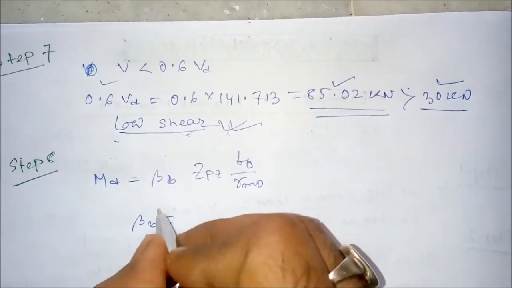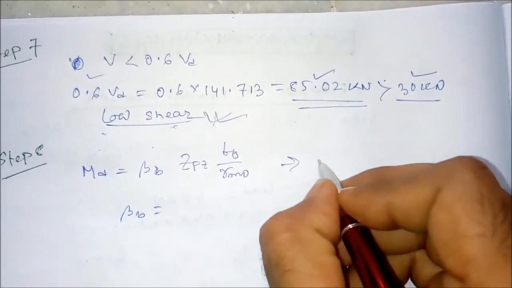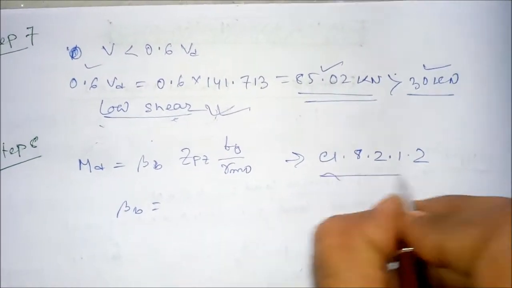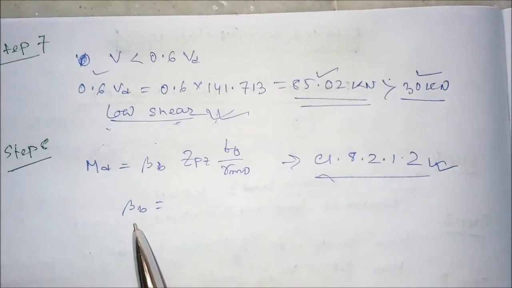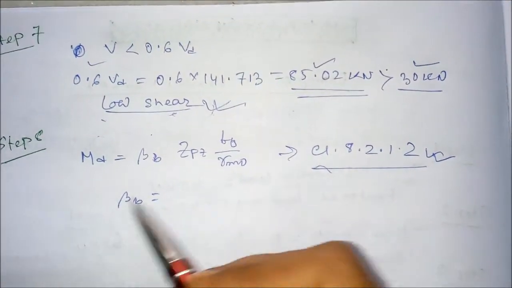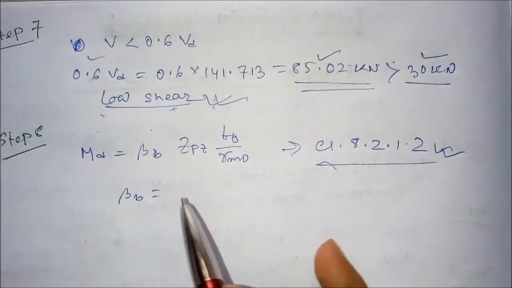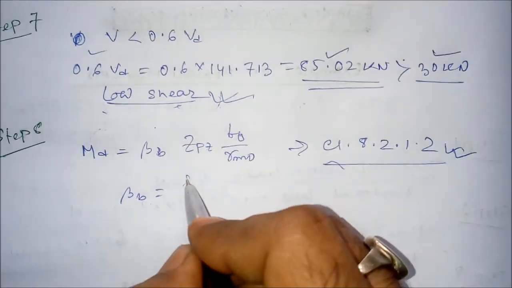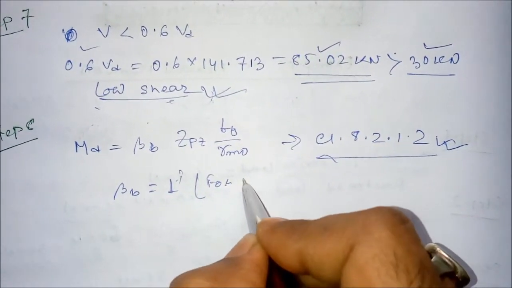Beta b values are given in the code, in clause number 8.2.1.2. In this clause all the values of beta b are given. For plastic section, because we have already found the section classification is plastic, the value of beta b is 1.